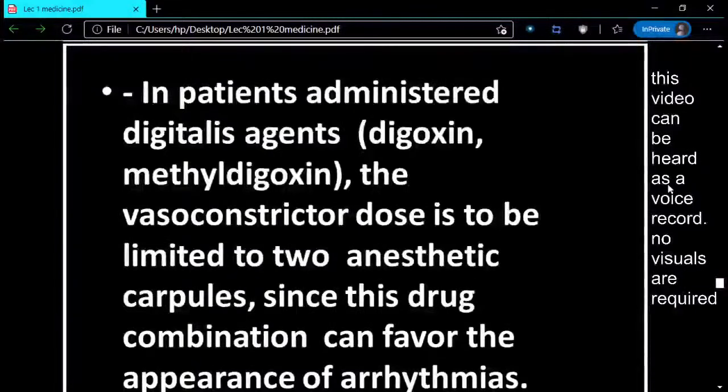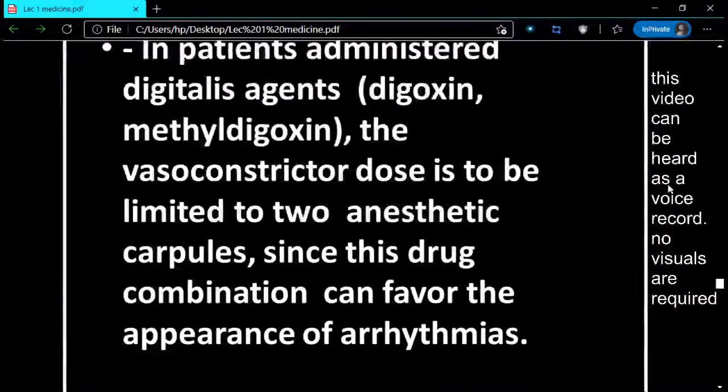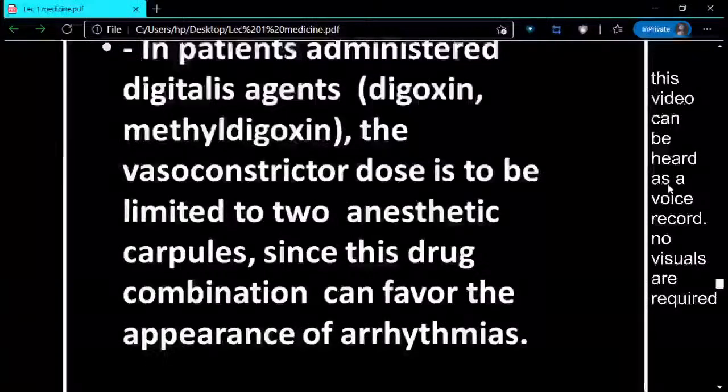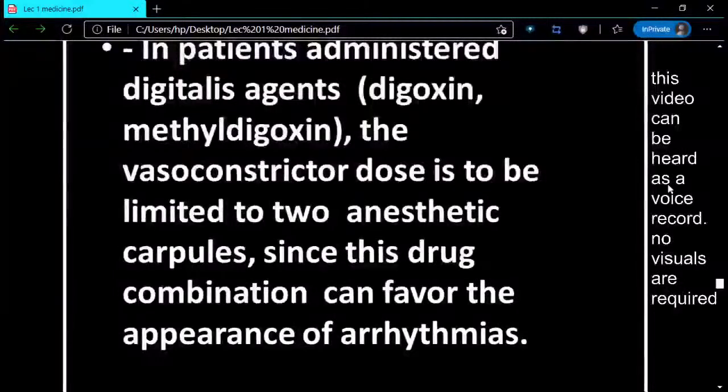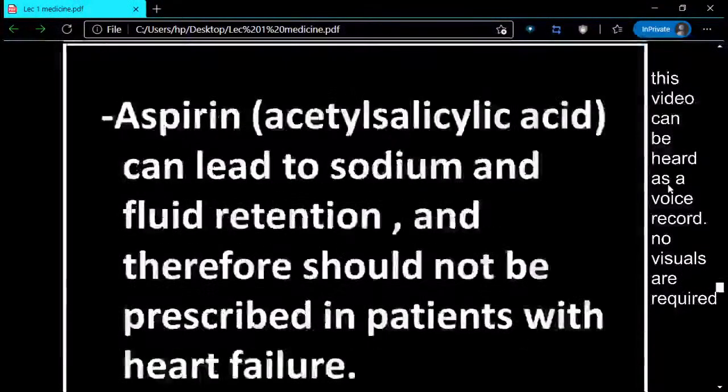Patients with digoxin intake: limit the anesthetic vasoconstrictor in the carpules, because it can affect the heart.